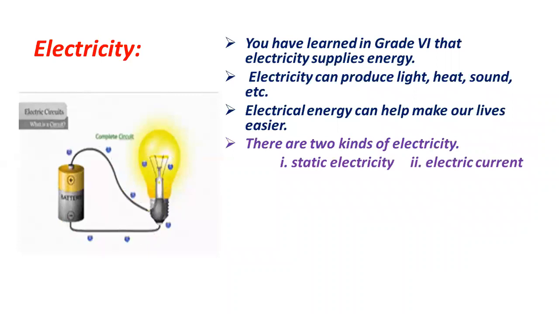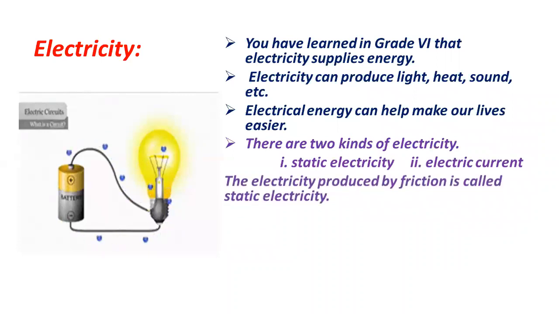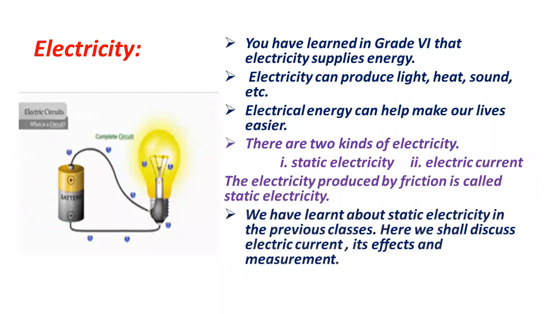What is static electricity? The electricity produced by friction is called static electricity. The detail about static electricity you have learned in the previous classes. Here we shall discuss electric current and its effects and measurements.